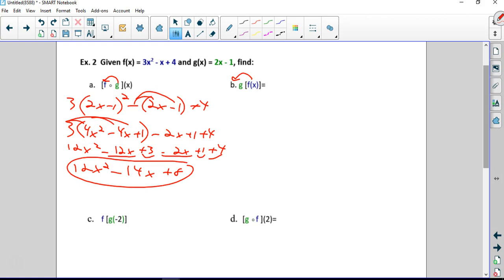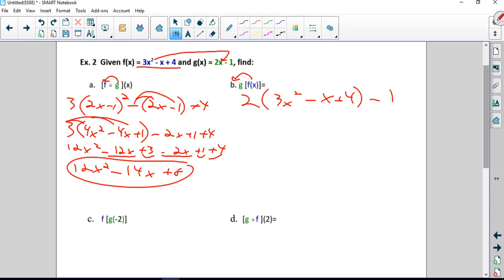Now the other way is going to be a little smaller, a little easier. We're plugging f into g. So we're going to take this whole thing right here, f, and just plop it in right there. So it's just 2 parentheses. Now we write all of that. 3x squared minus x plus 4, and then minus 1.